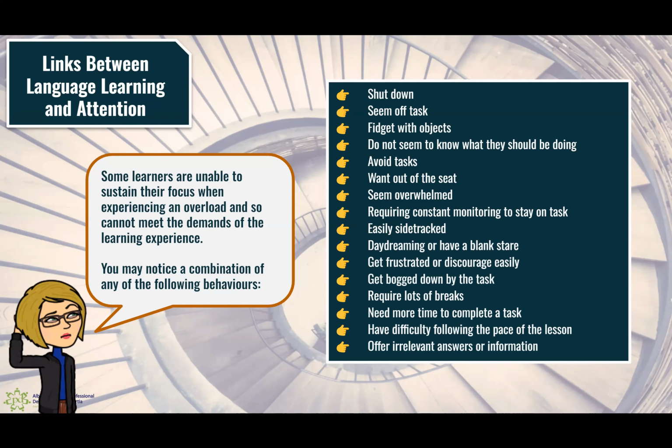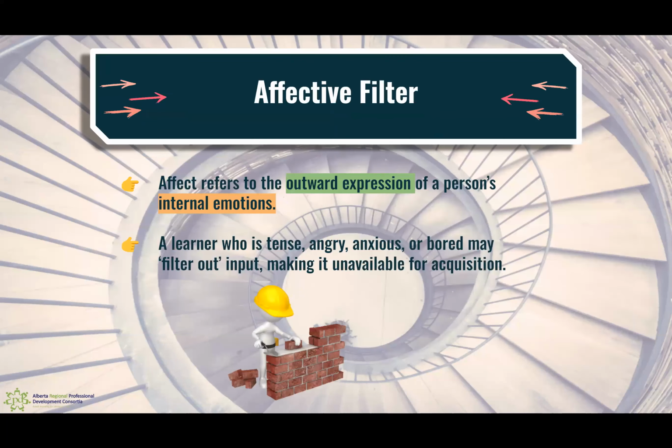Sometimes when the learning or the language is beyond what the learner is able to do, you may notice some of these behaviors. This ties into what's called the affective filter, from Stephen Krashen's affective filter hypothesis.